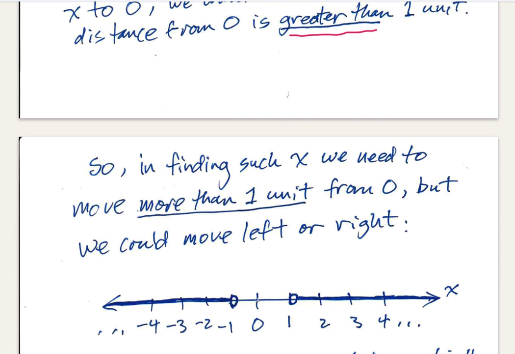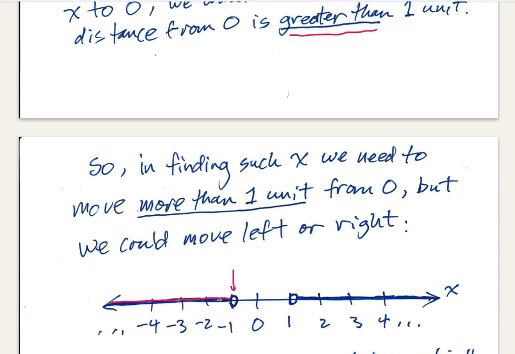Okay, so if I move 1 unit to the left, I would land at negative 1. But I have an open dot there because I have to move more than that, that's moving exactly 1 unit. But any movement I make further to the left from negative 1 will satisfy my condition. So I actually have all these numbers to the left, or less than negative 1, filled in.